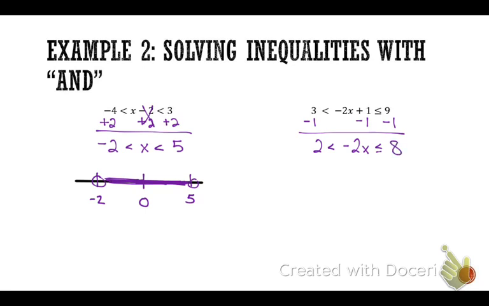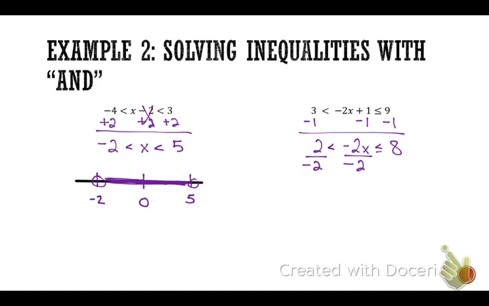All right? Colin, what would I do now to get x by itself? Since it's multiplication, you would divide it by 2? 2 or negative 2. If that's a negative, I got to divide by a negative.